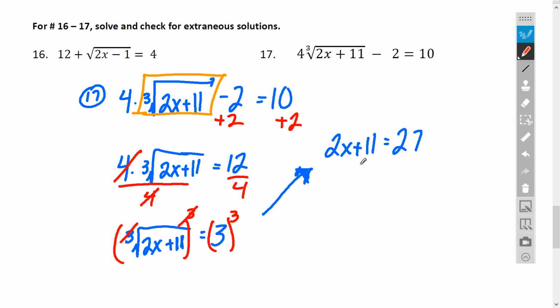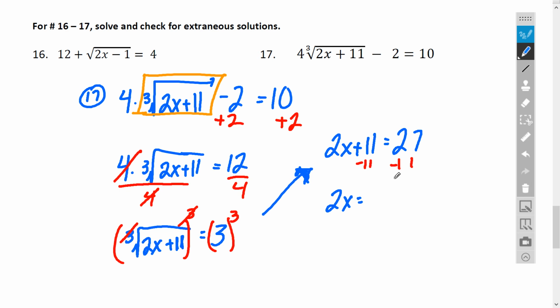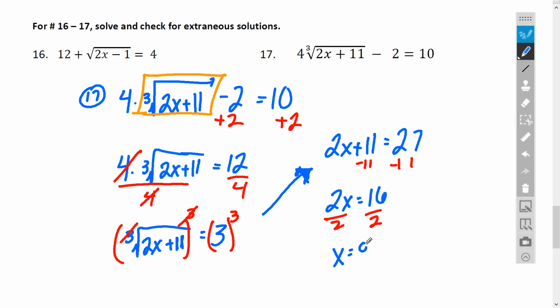And now we can solve this for x. So minus 11, 2x equals 16. Divide by 2, x is equal to 8.